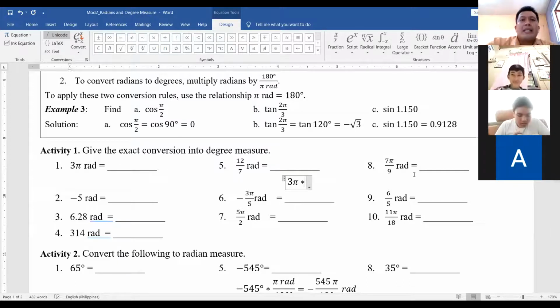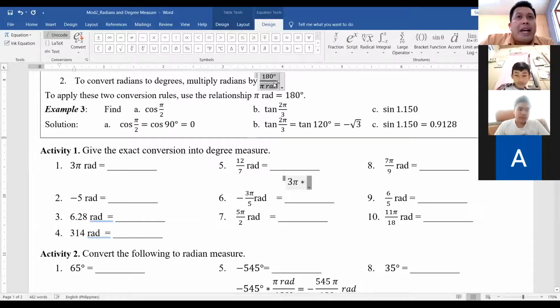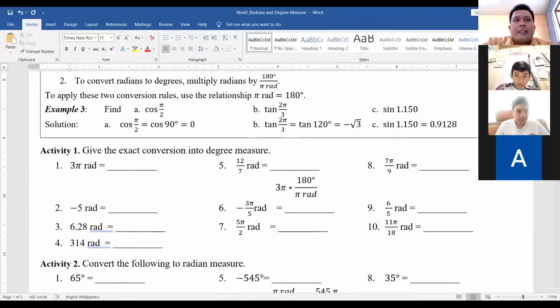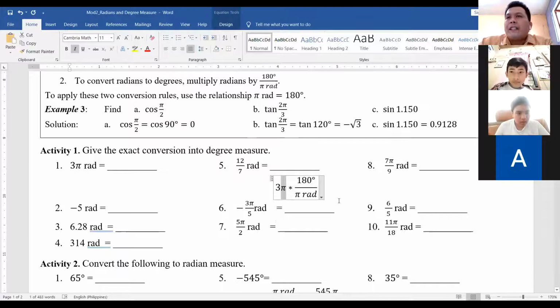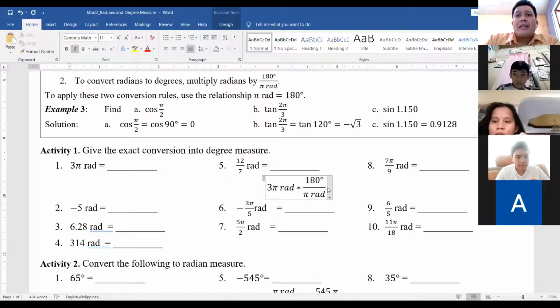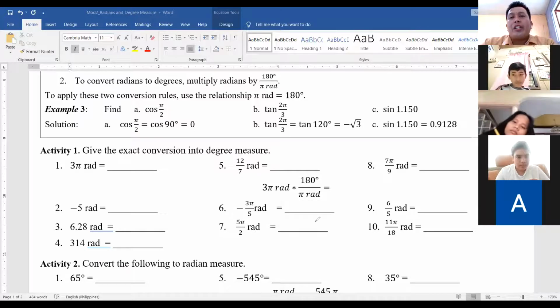So in number 1, class, the given is 3 pi. To convert radians to degrees, it is very clear in the instruction here: multiply it by this value, 180 degrees by pi radian. Class, by looking at the solution, you will know who will be in your denominator and who will be in your numerator.